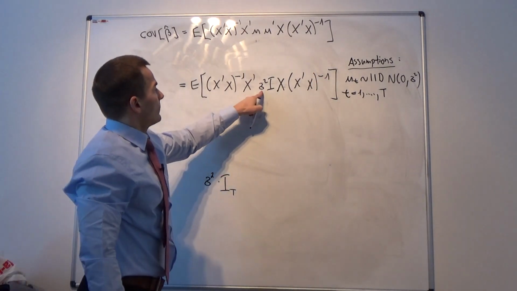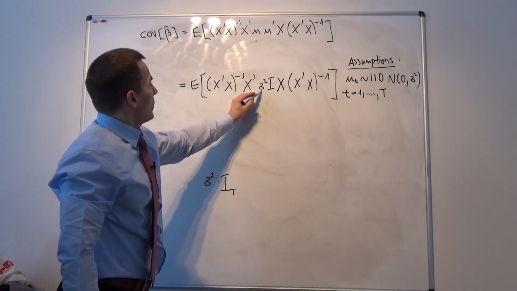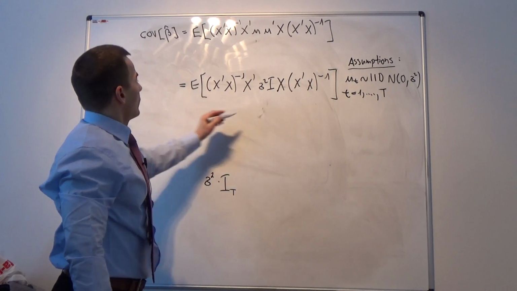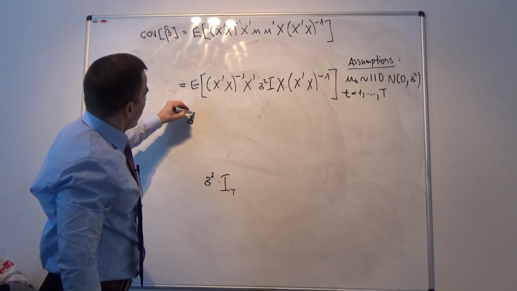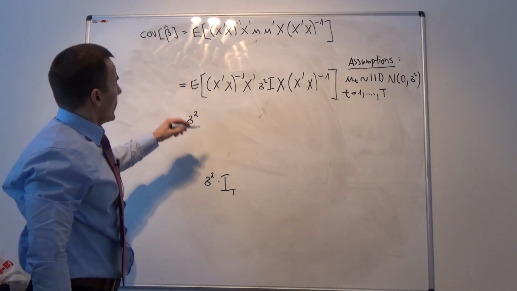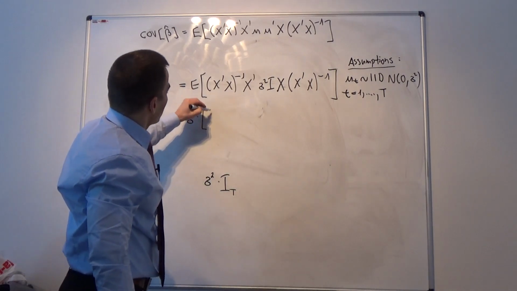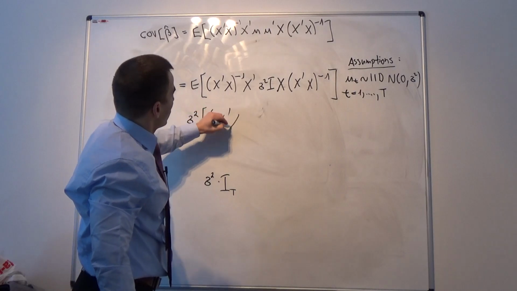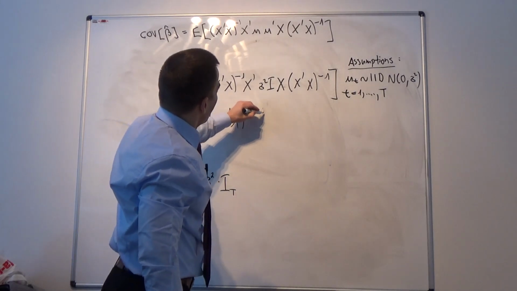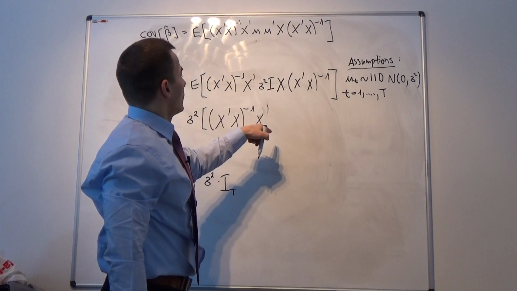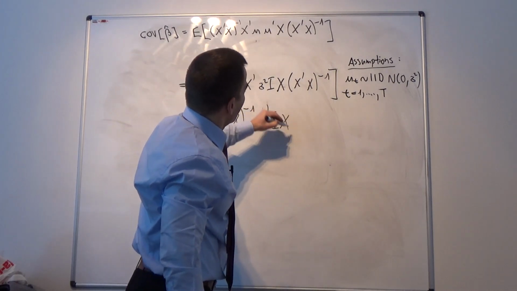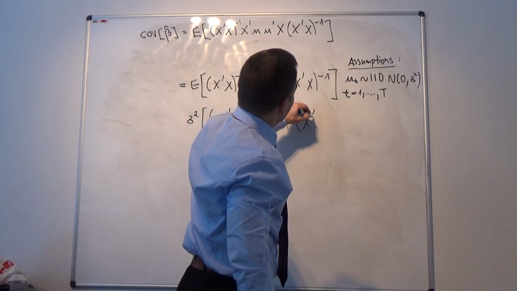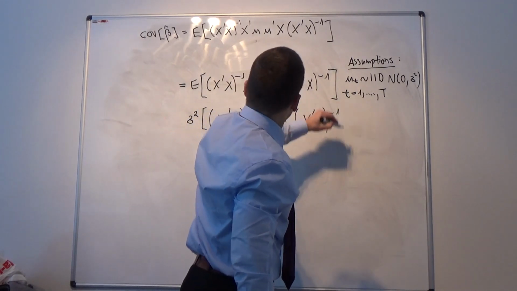Sigma square is a number, so we can put it outside the parentheses. So it's sigma square times x transposed x inverted times x transposed times the identity matrix times x transposed x inverted.